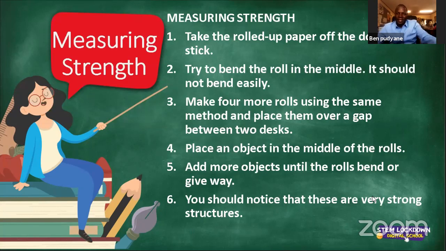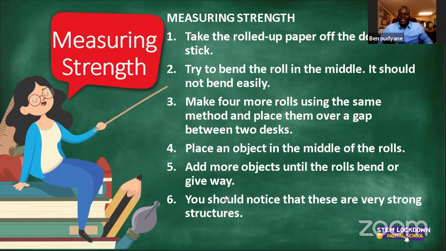Okay. Now we want to measure the strength of this paper dowel. Then what we must do is take the rolled paper on the stick and try to bend the roll in the middle.